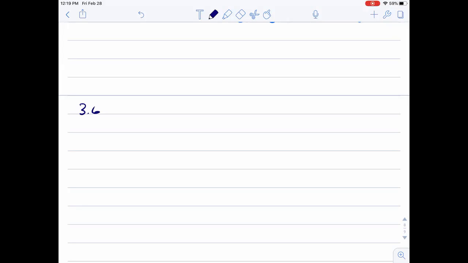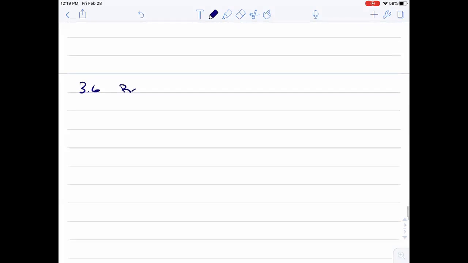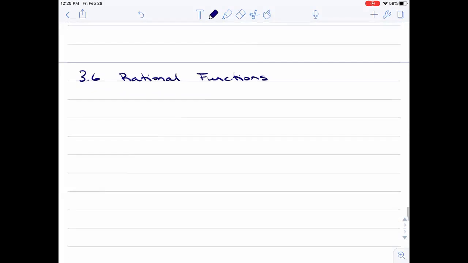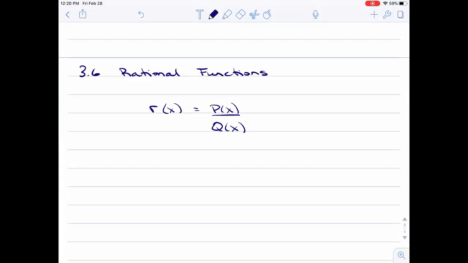So we're going to talk about things like asymptotes and intercepts, x and y intercepts, and just things like that. So 3.6 is about rational functions. A rational function, r of x, is just any p of x over q of x. But now the difference is that p and q have no factors in common.